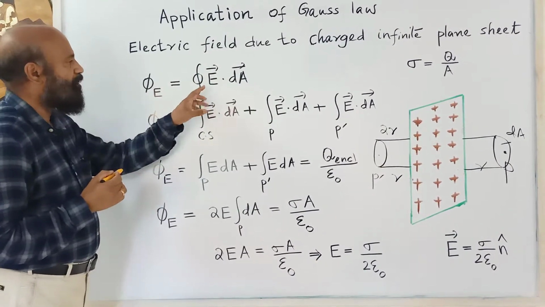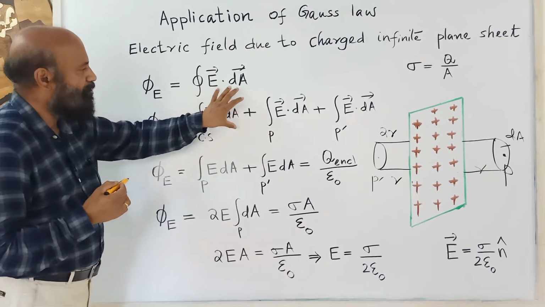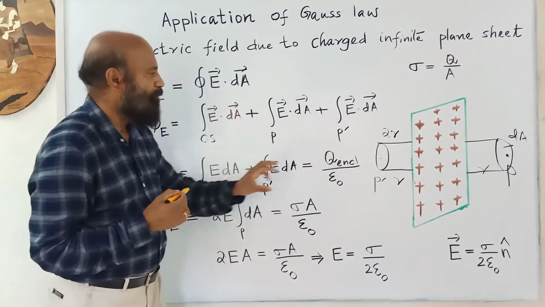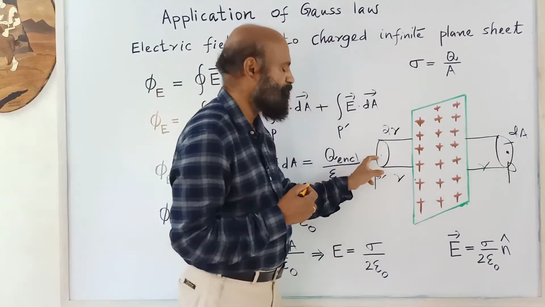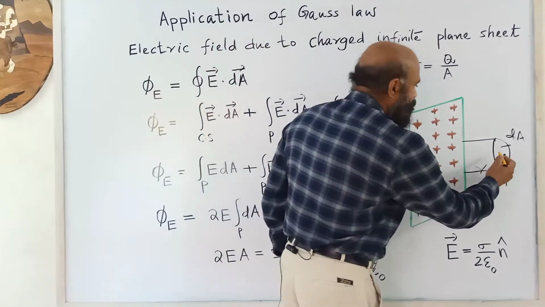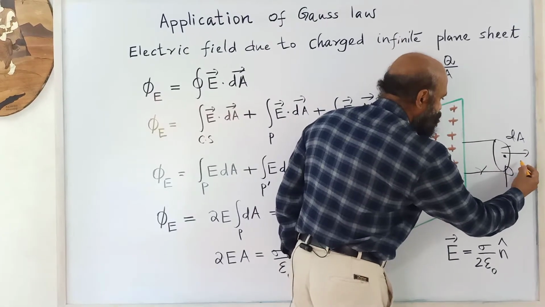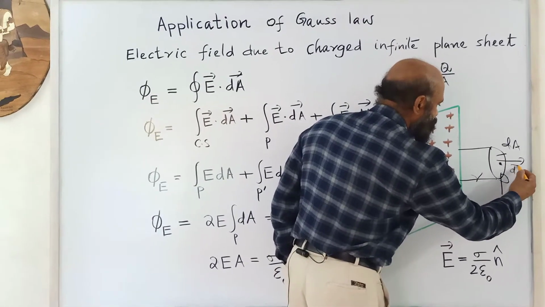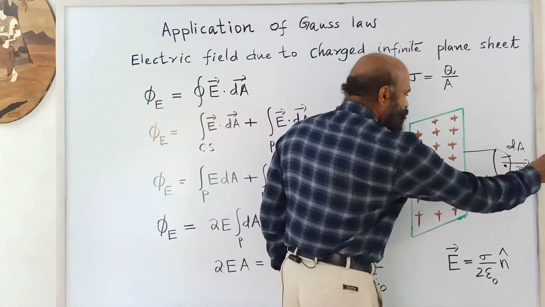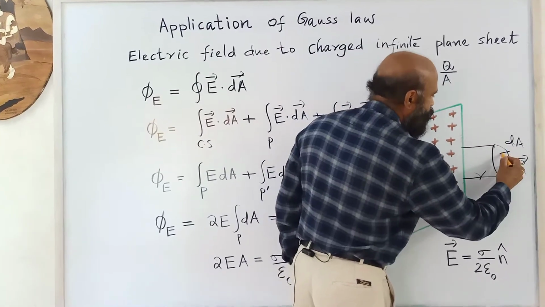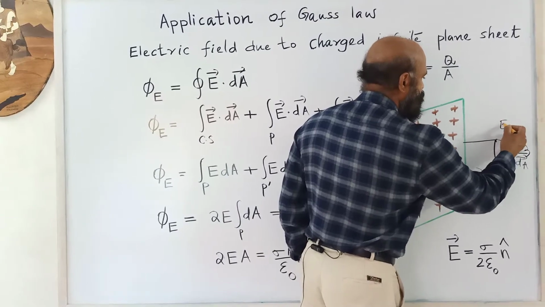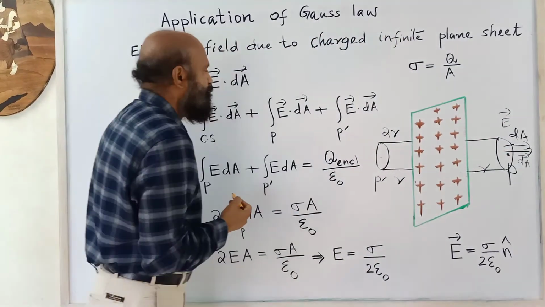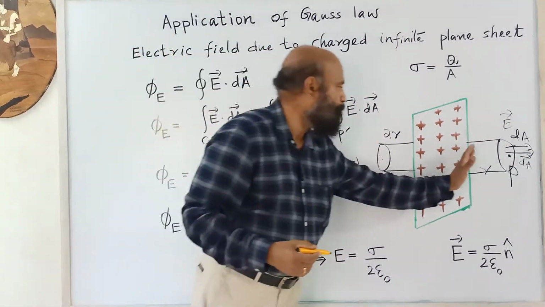Now this integration can be written as the sum of three terms: on the curved surface, and this side and this side. Here this is the dA vector and the electric field is radially outward, so the intensity is also that side, at P.